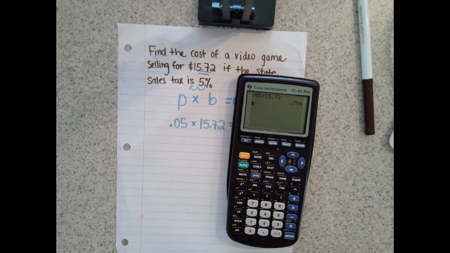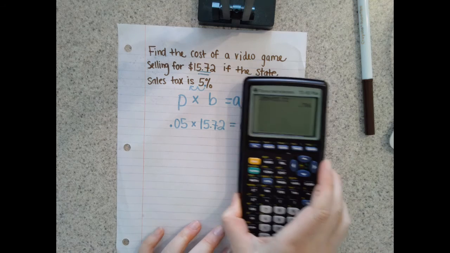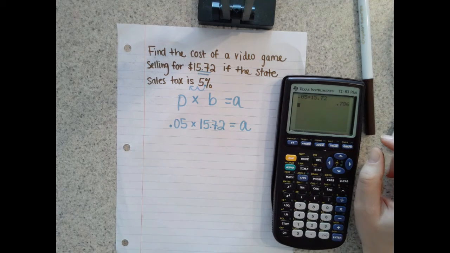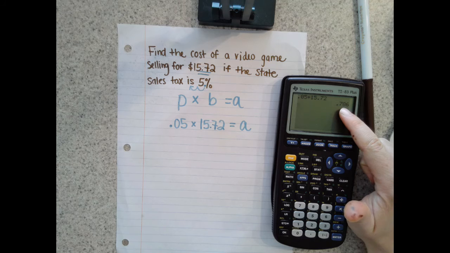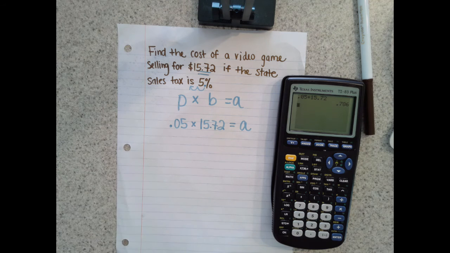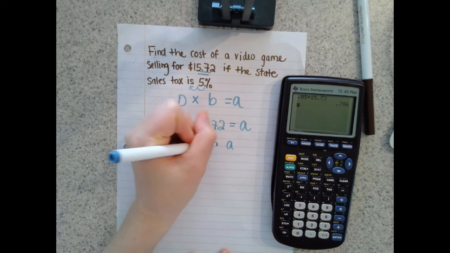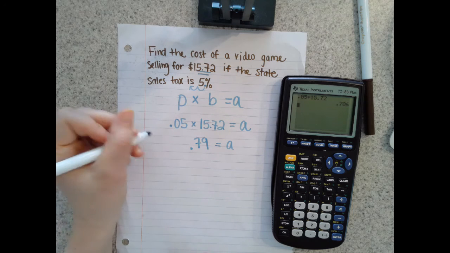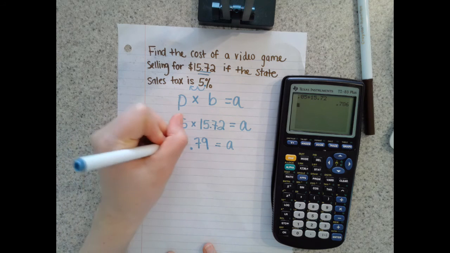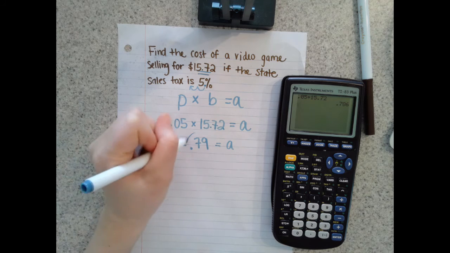So if we're talking about sales tax or money, I should round this to the nearest hundredth. 0.786 rounds closest to 79 cents. So my tax is 79 cents.